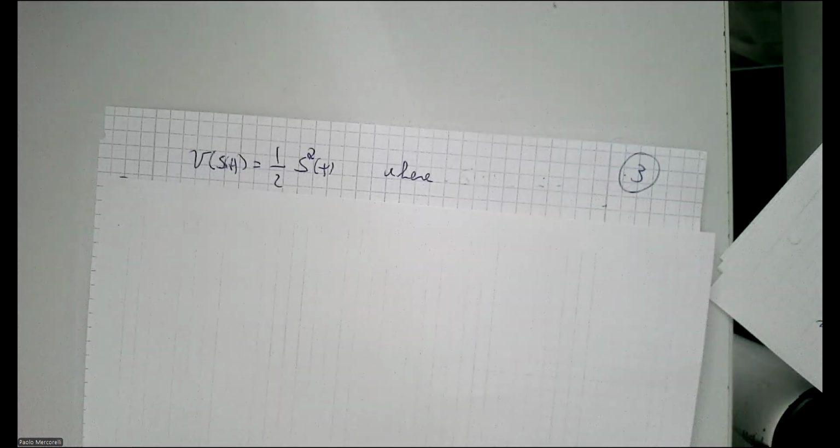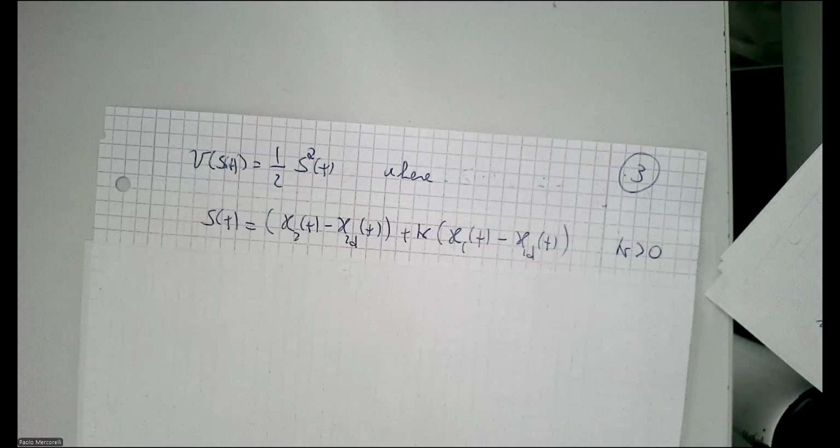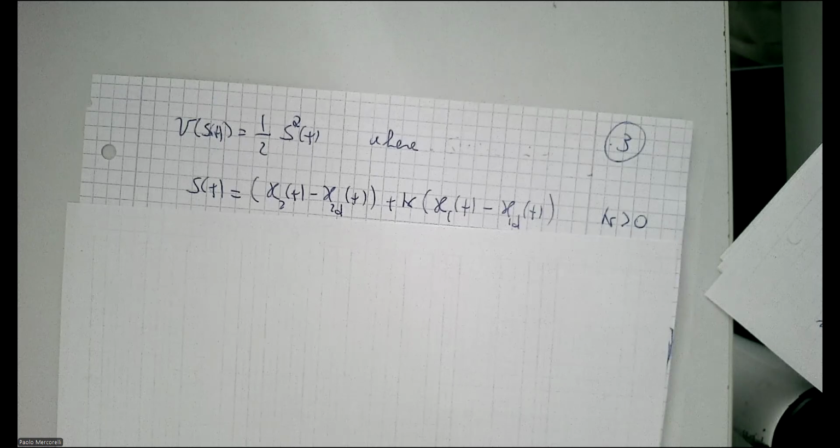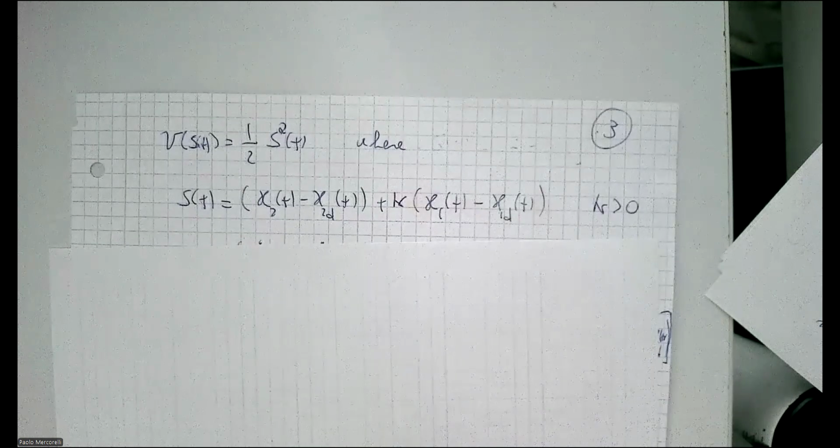V of S of t, 1 divided by 2 S squared. Easy, but extremely abstract. Because what is S of t? Look at this function here. Now we justify the choice.